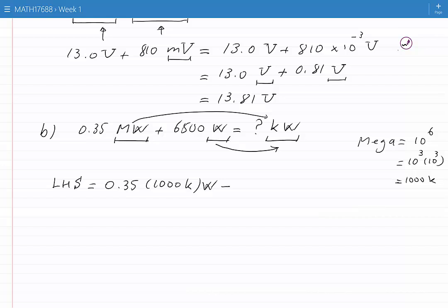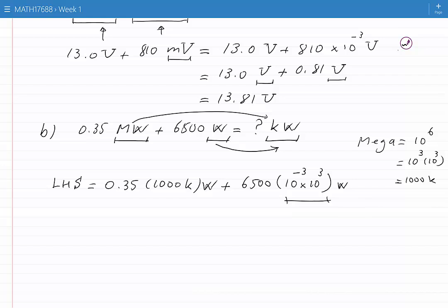plus 6500. Instead of watt, I'm going to write 10 to the power of 3 minus 3 times 10 to the power of 3 watts. You may note that 10 to the minus 3 times 10 to the power of 3 is equal to 10 to the power of 0, which is 1.